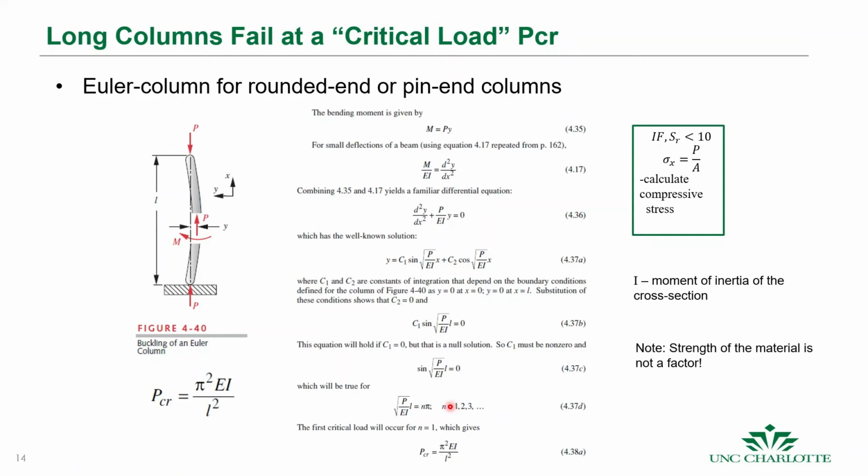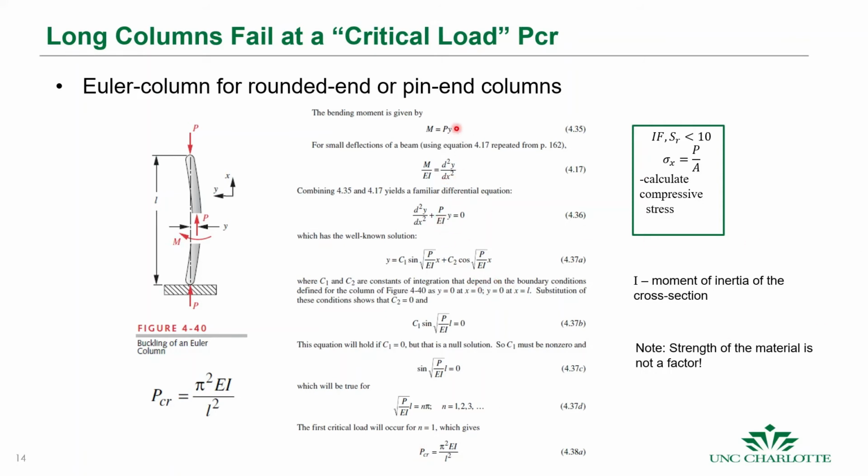We just take the first case for the first critical load, and we can solve for P. So that critical load P is really that solution. It comes from the solution of this second order differential equation for this deflection here.